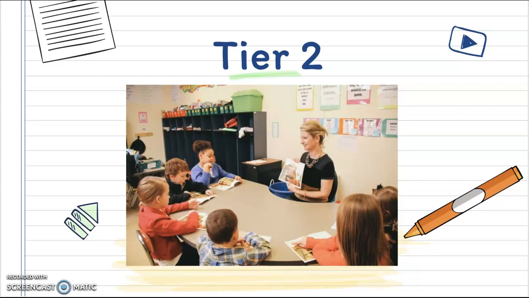So this is where you would see a lot of individualized intervention, a lot of small group activities where the teacher has more attention on the students who need a little bit more support. They might have different preferential seating, such as accommodations that can be made, maybe longer time for tests, maybe longer time for work in class, anything like that.